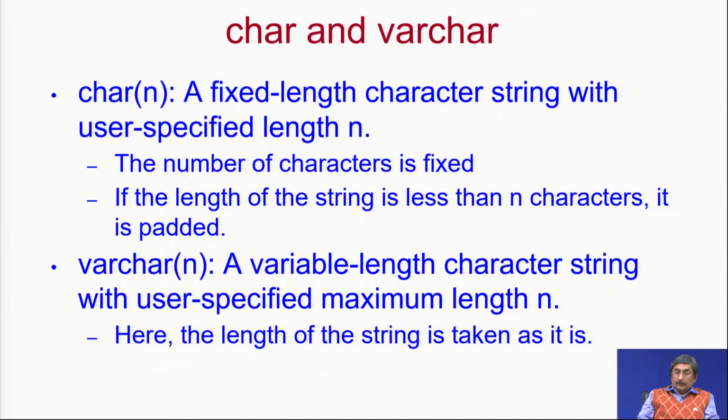In varchar, it is a variable length character whose maximum length is n, right. So, if you say it is a varchar(5) and store "hi", the length would be only 2, not 5, right. So, we prefer to use varchar instead of char to save space.